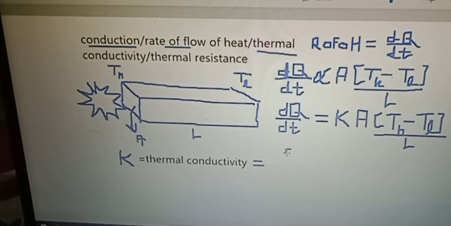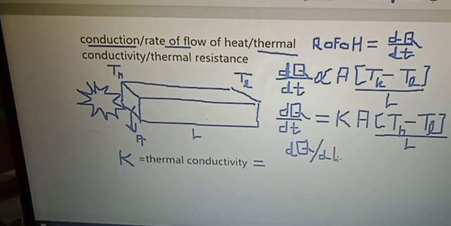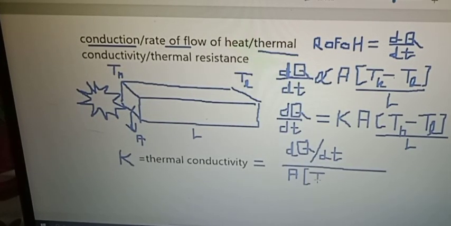So if we set a formula for thermal conductivity, then it will be dq by dt, that is rate of flow of heat, and this term will go in the denominator, simple mathematics.